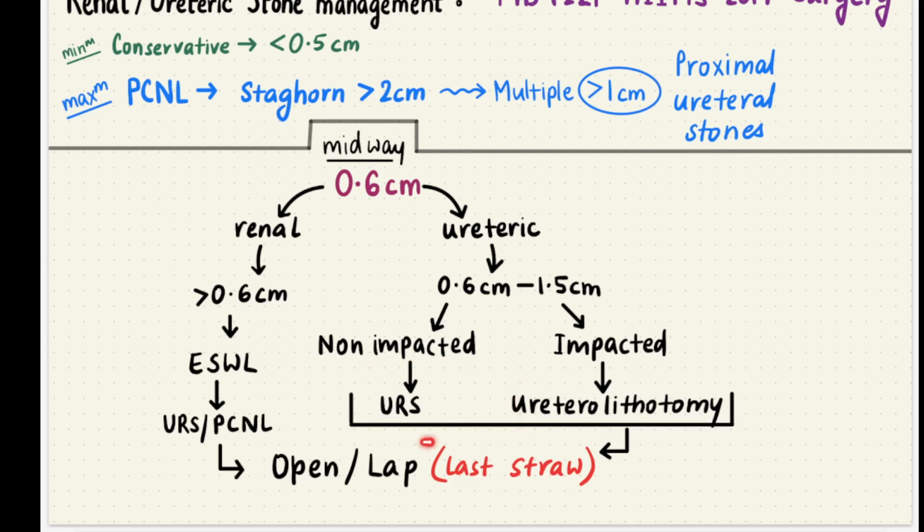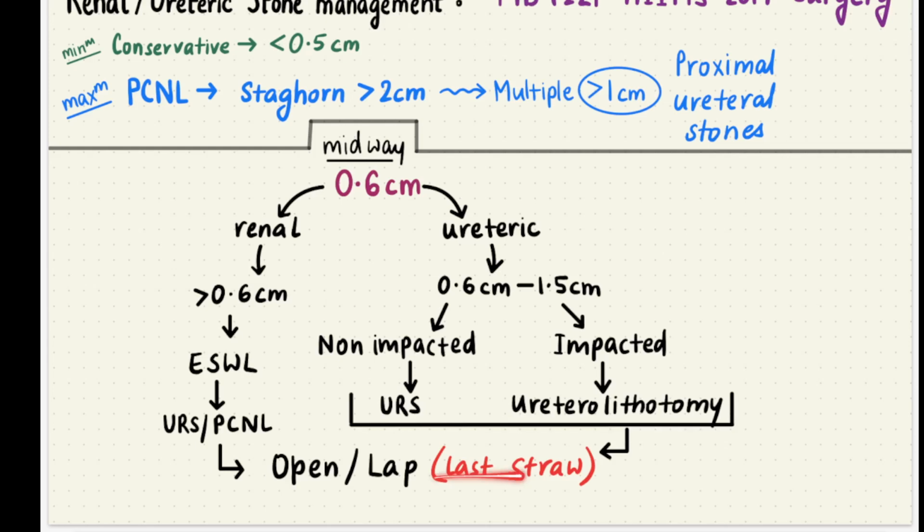Now if you don't read it separately as renal and ureteric, you may take the size into consideration and then read it as renal and ureteric, so it basically makes life easier. So the common things are this: conservative, less than 0.5 centimeter; PCNL, that is Staghorn calculi, more than 2 centimeter, in case of multiple stones, and in case of proximal ureteral stones; and the last straw is always open and lap.